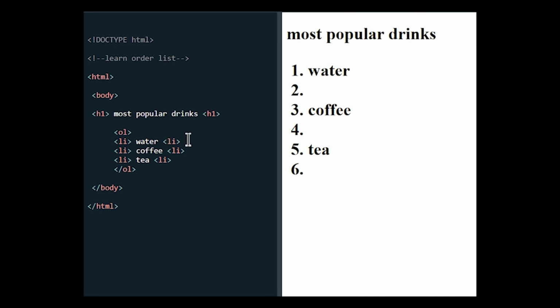We haven't closed the heading, which is why the result looks hilarious. Why do water, coffee, and tea look the same as heading one? Because the heading was not closed, so we have to close it. So this is the list of the most popular drinks.